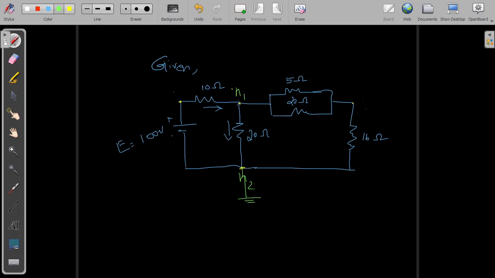We are assuming that this reference node, which is also a principal node, is connected to the ground, so it will have zero potential or 0 volt. And let us assume that the node N1 has a voltage V1.